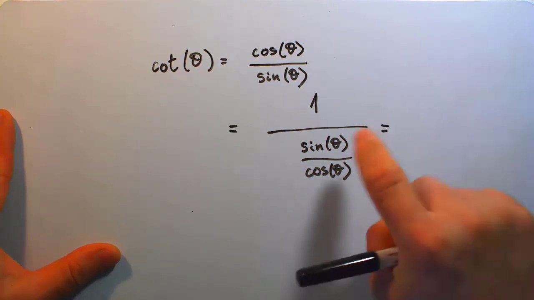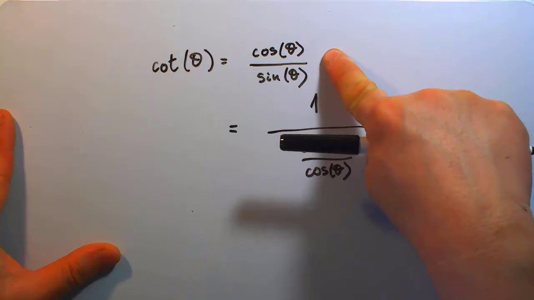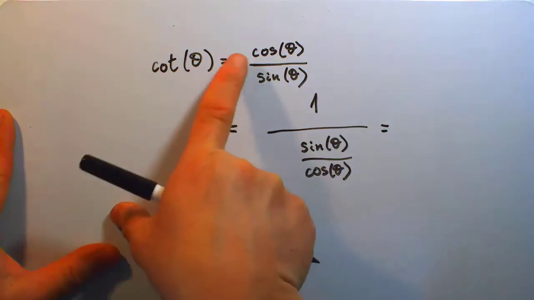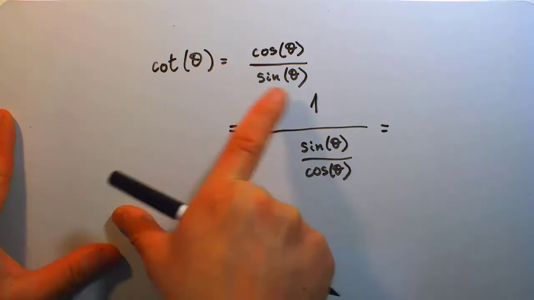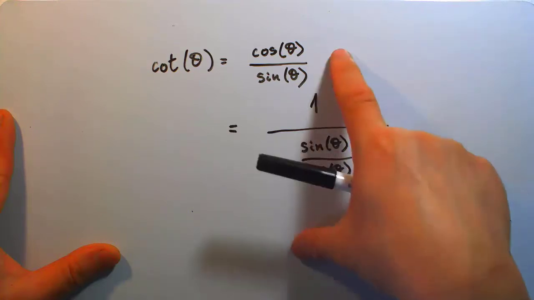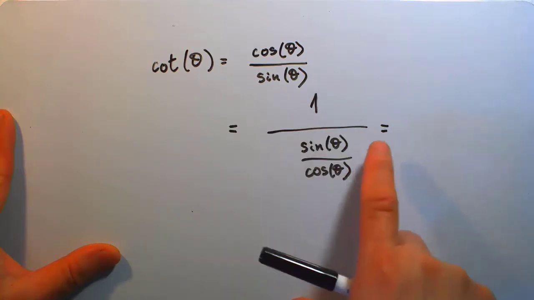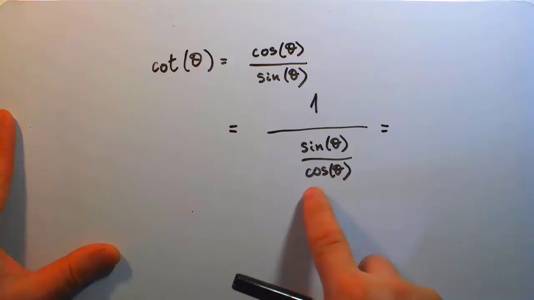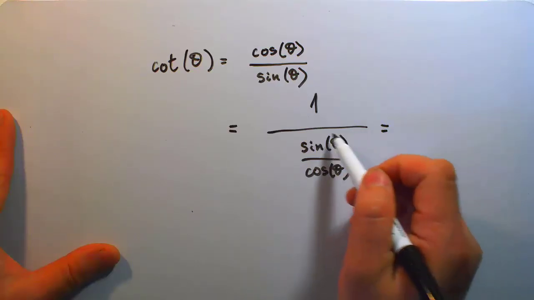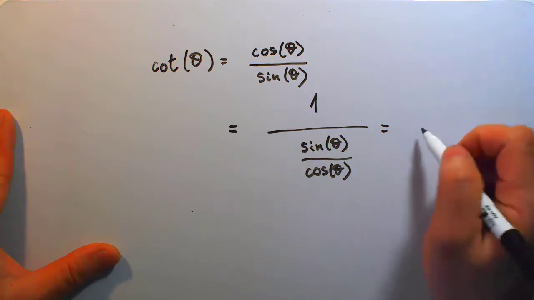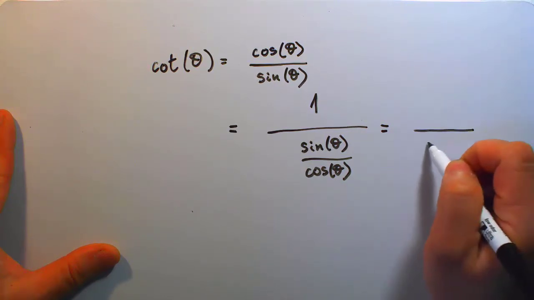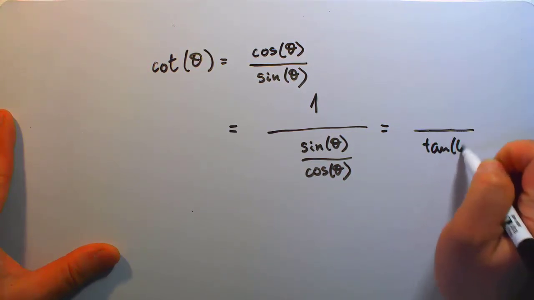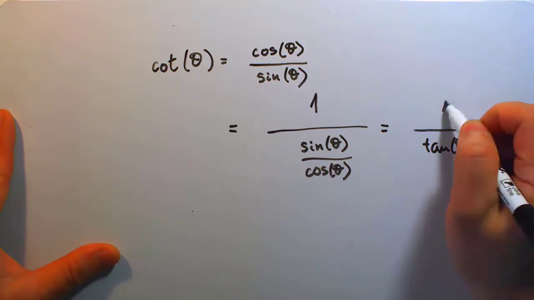So the same fraction from the beginning here, cotangent is, by definition, cosine of theta over sine theta. But that fraction can furthermore be understood as 1 over the fraction sine theta over cosine theta. But hey, wait a minute. This sine of theta over cosine theta is the same as tangent of theta in the denominator, and that 1 in the numerator is there.